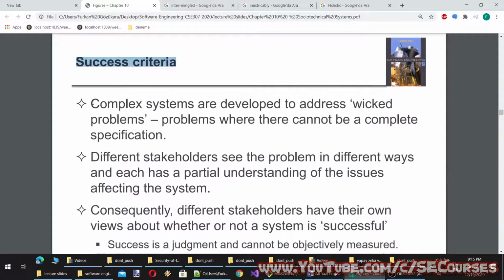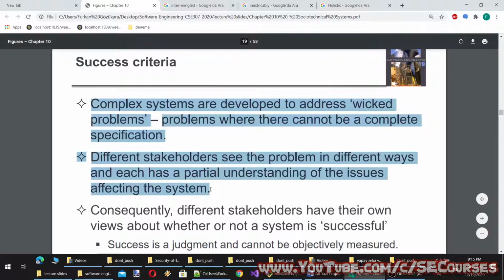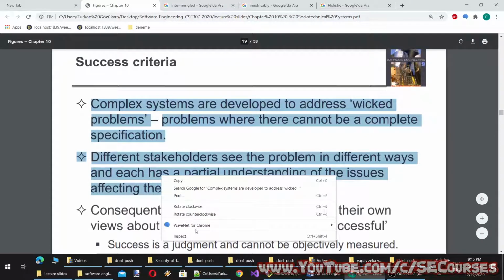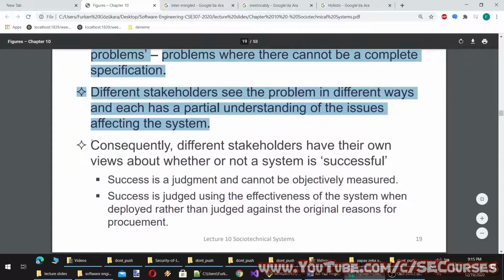Success criteria. Complex systems are developed to address wicked problems, problems where there cannot be a complete specification. Different stakeholders see the problem in different ways and each has a partial understanding of the issues affecting the system.